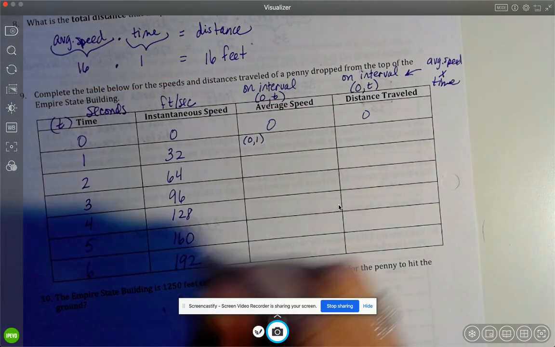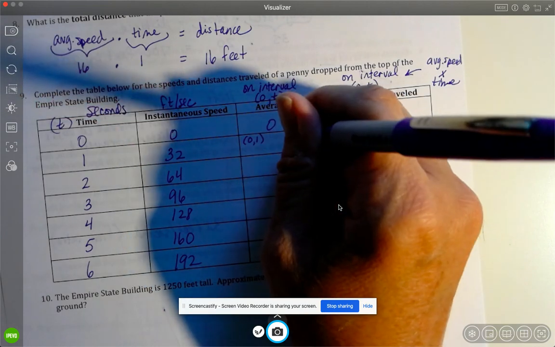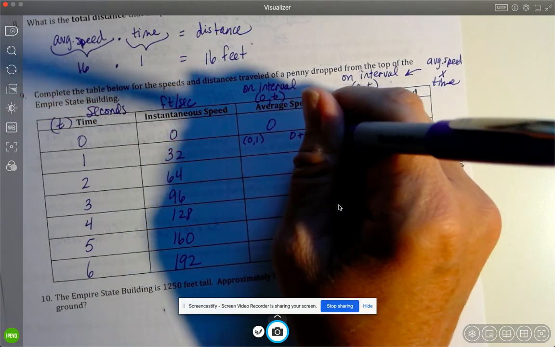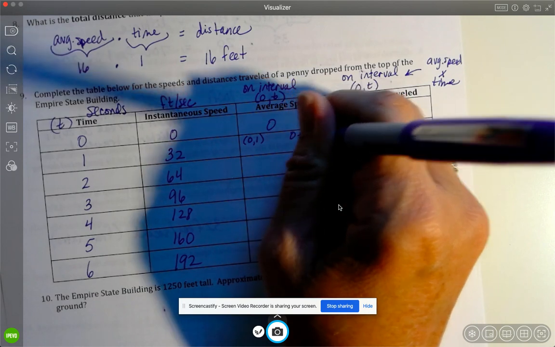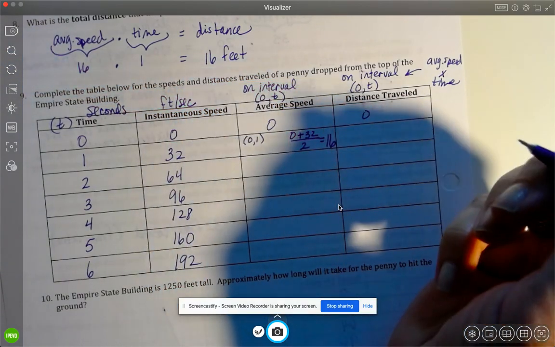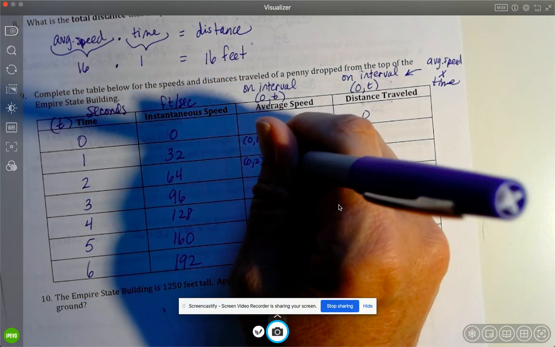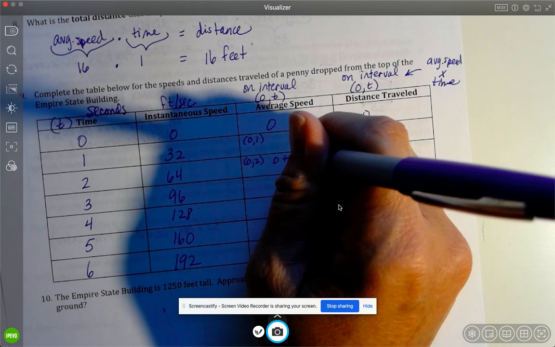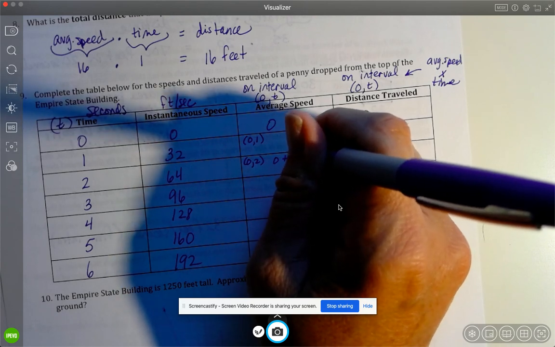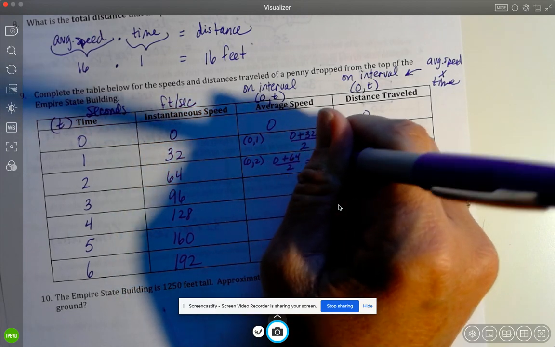So I want the speed at 0, the speed at 1, and the average of that. So that's 16. And then on the interval 0 to 2, the speed at 2, 64, divided by 2 is 32, and so forth.